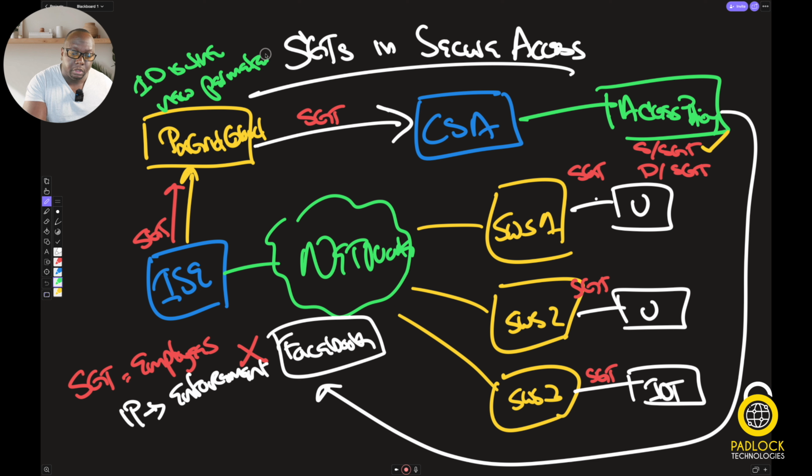Your enforcement is no longer based on subnet and IP values. That is the old traditional way. You're now enforcing based on identity. You can do AD, or if you do have TrustSec planned and deployed already, you would utilize SGTs for these enforcement policies in secure access.